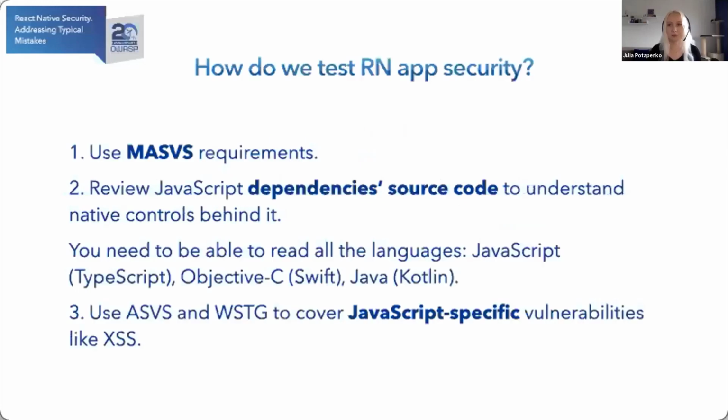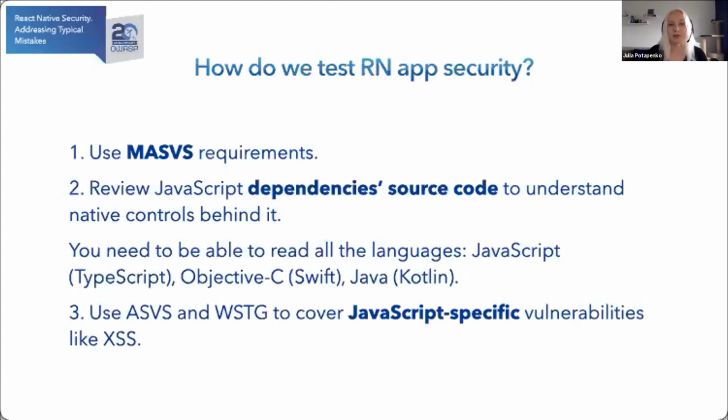And to sum this up a little bit, how do we test React Native application security? First of all, yeah, we use MASVS. It's very convenient because it is a sort of checklist and it can make our security measurable, more visible.